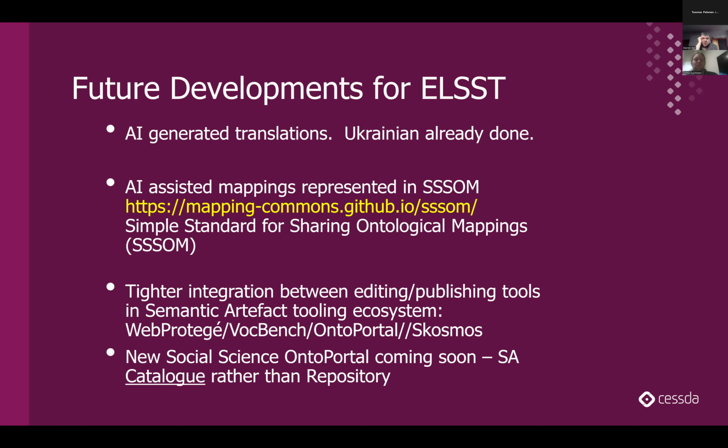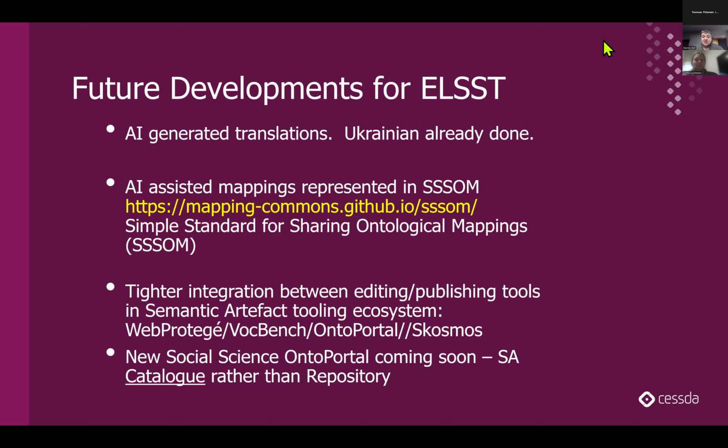Web Protege possibly, but I know Stanford have got no money at the moment, so that's not likely to be happening. And just as an aside, we have a new social science onto portal coming soon. Now this has actually already been installed, but we need to make some modifications to the code base. But UKDS will be working on that in the next few weeks in conjunction with the onto portal people.